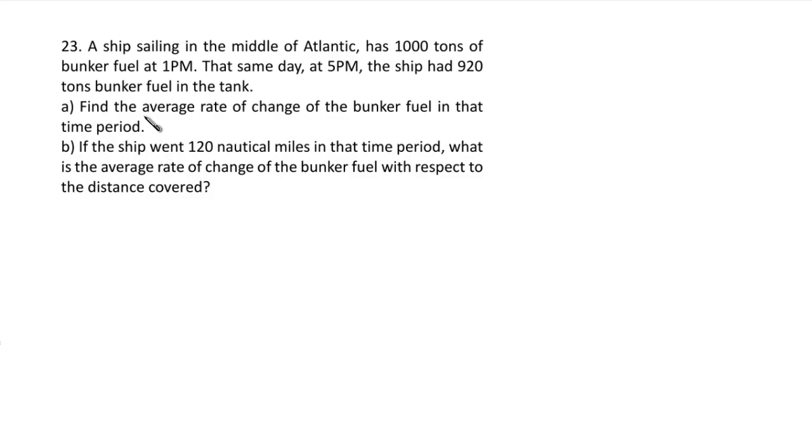Okay, so average rate of change is change of the quantity, that's the dependent quantity, over change of time. And the dependent quantity that's changing with respect to time is the bunker fuel, right?